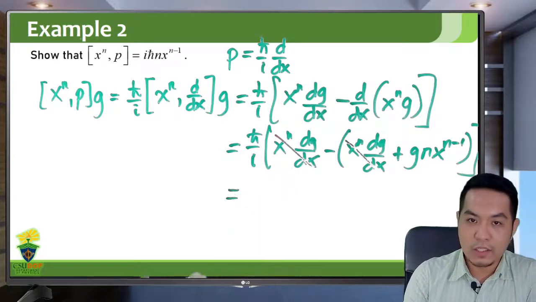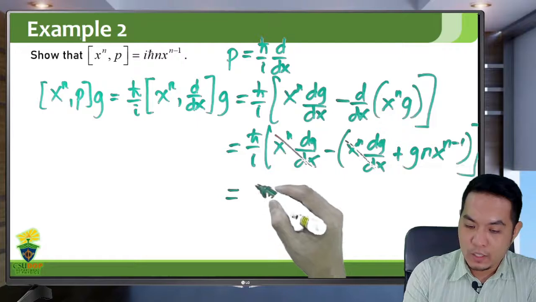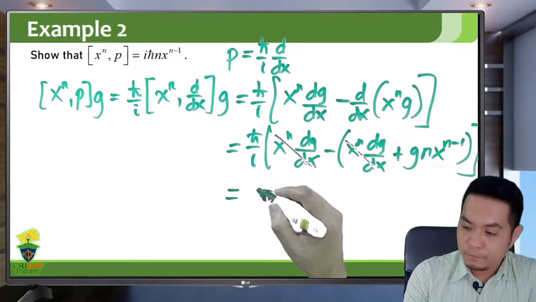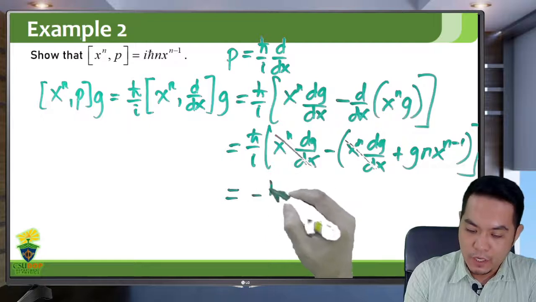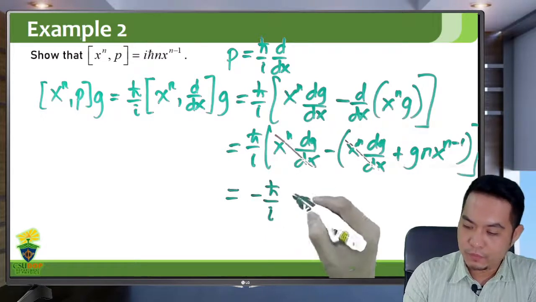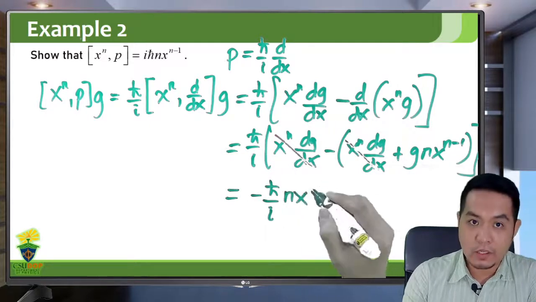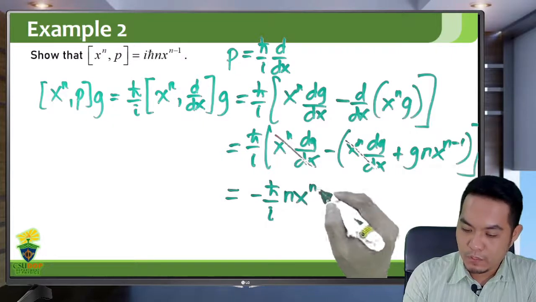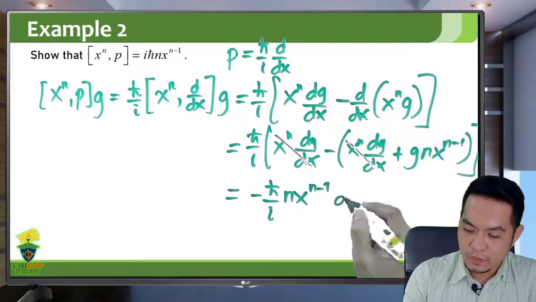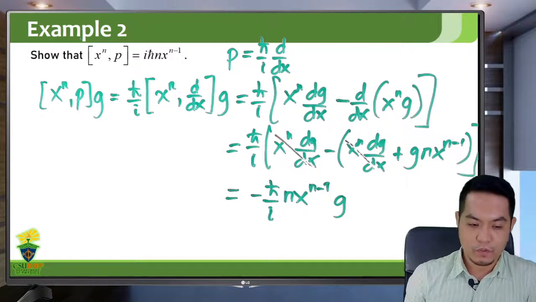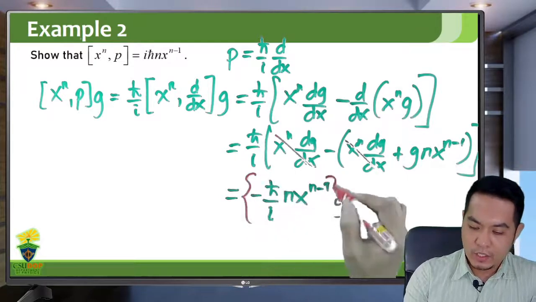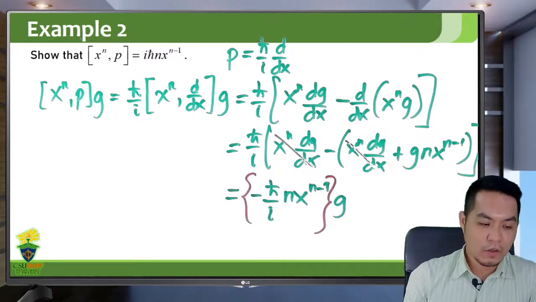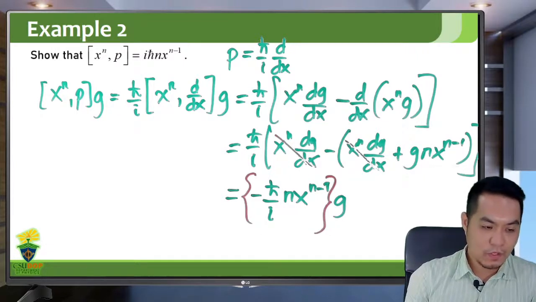And what we get is negative h bar over i n x to the n minus 1 times g. So basically, this term here is the result of our commutation relation.